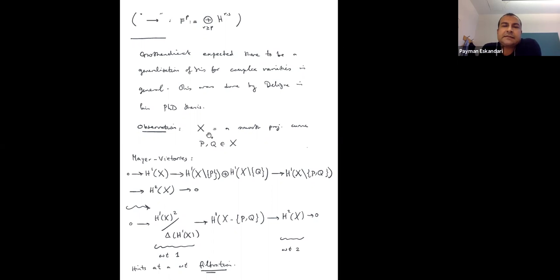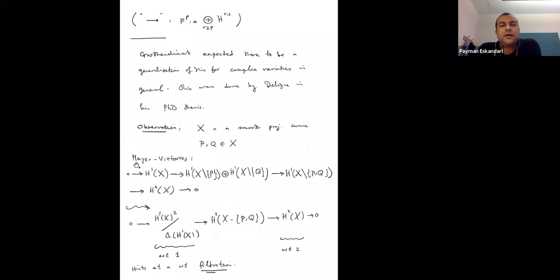Let's say X is a smooth projective curve over C. Take two points of X, and now we are interested in H^1 of X minus these two points. So you're trying to generalize this picture of Hodge structures to open, non-projective varieties, and this would be an example of that. Suppose the picture generalizes to the non-projective situation. Then you're supposed to have some version of Hodge structure on this H^1, and everything is supposed to be functorial.